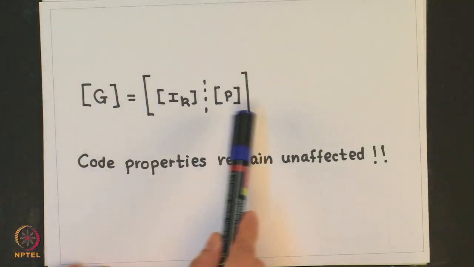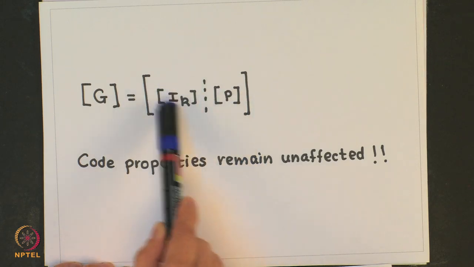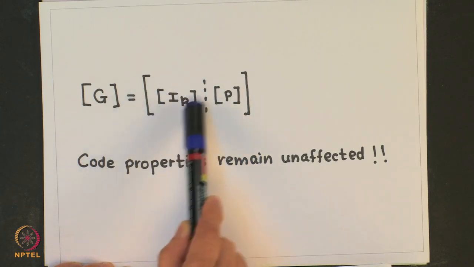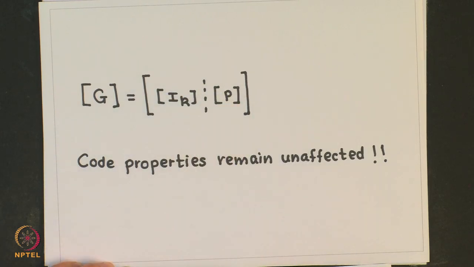Now, in the literature, the generator matrix is also written in this form, where the parity array follows the identity matrix of size k by k.